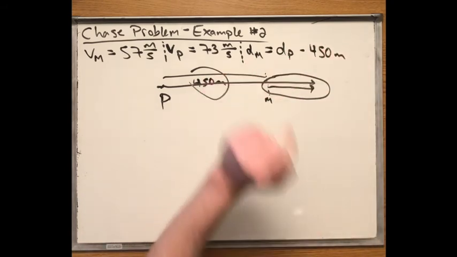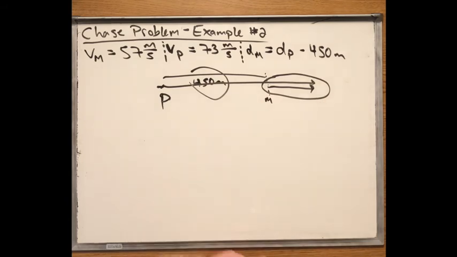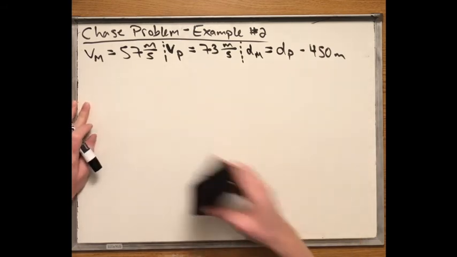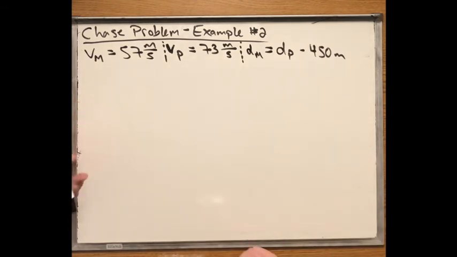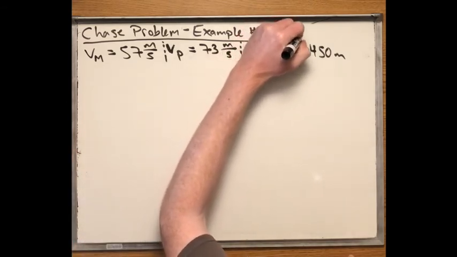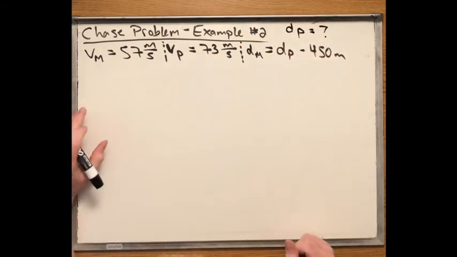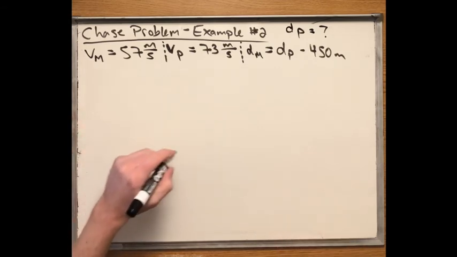It says the cop travels the distance the motorist travels plus 450, which makes sense because the motorist got a 450 meter head start. And what this question is asking us for, how far must the officer travel before he or she catches up to the motorist, is D with the subscript P, the distance traveled by the police officer.